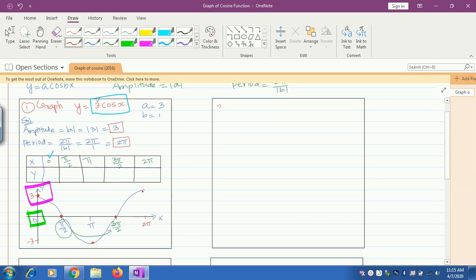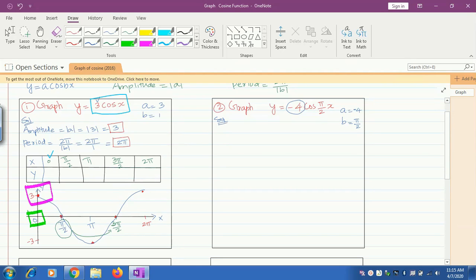Now we will take another example. Graph y equals minus 4 cosine pi over 2 x. What is a? Minus 4. A is equal to minus 4, b is equal to pi over 2.